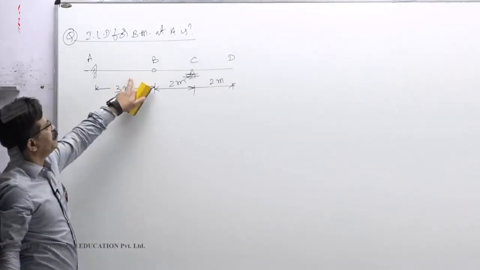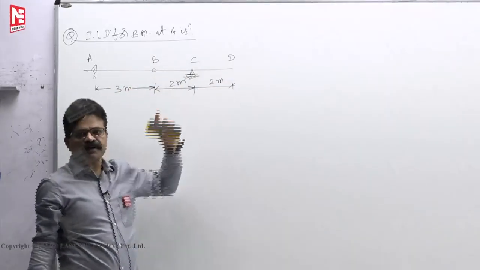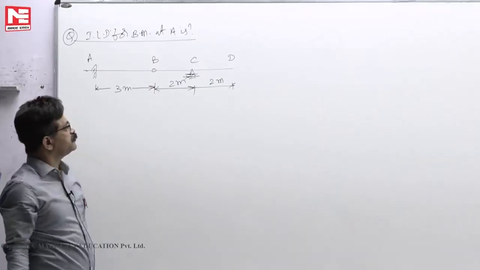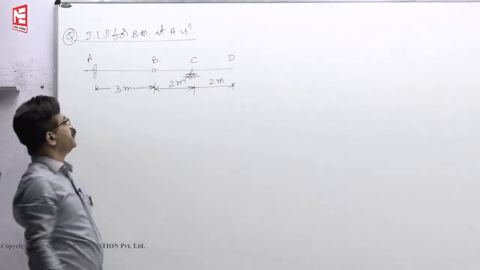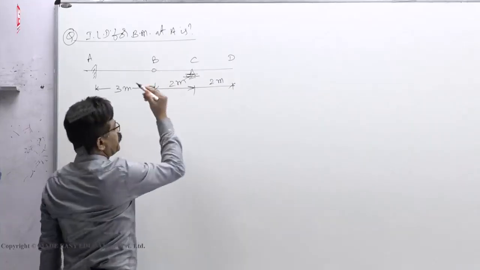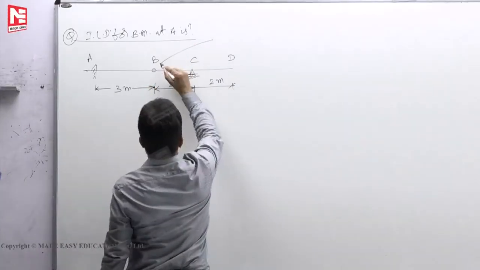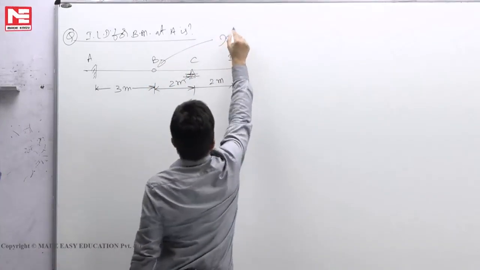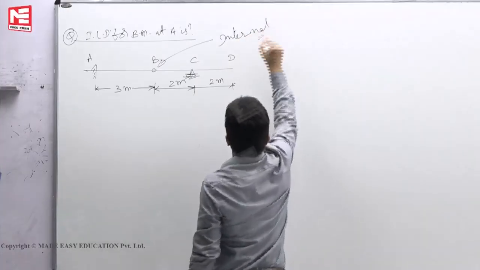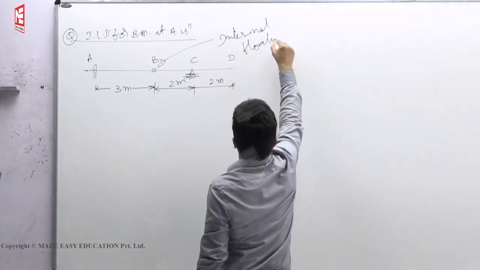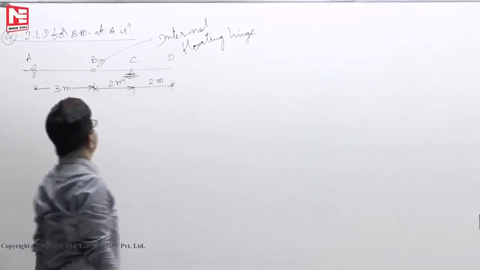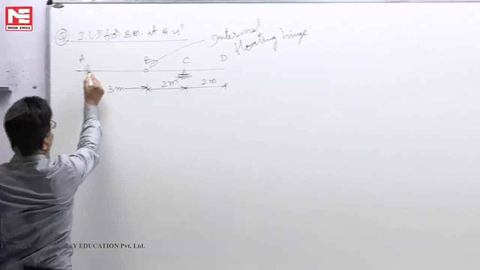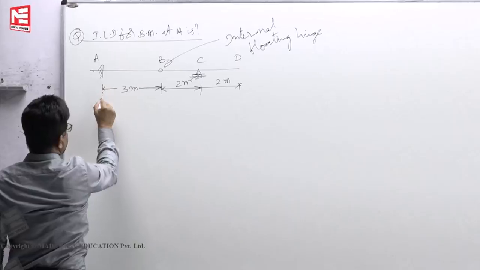A cantilever attached to another member. Finally, it is statically determinate structure only. This is internal floating hinge. Now we are asked to draw ILD for bending moment at A.